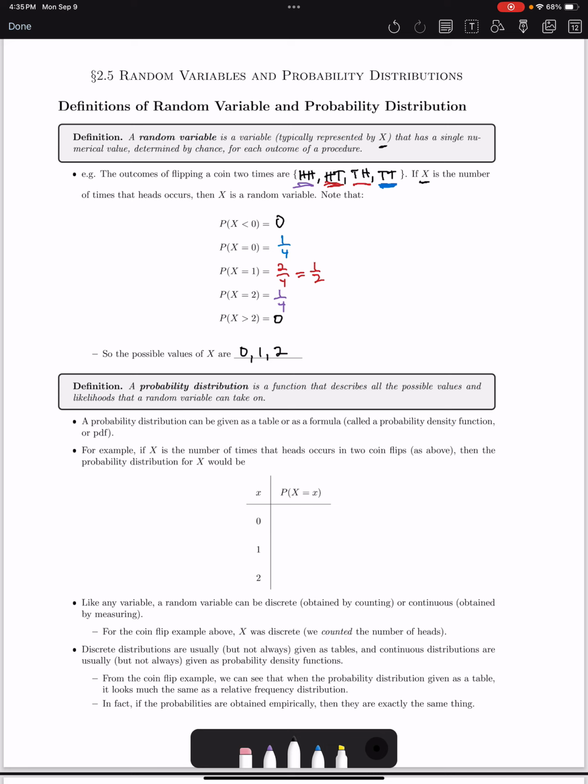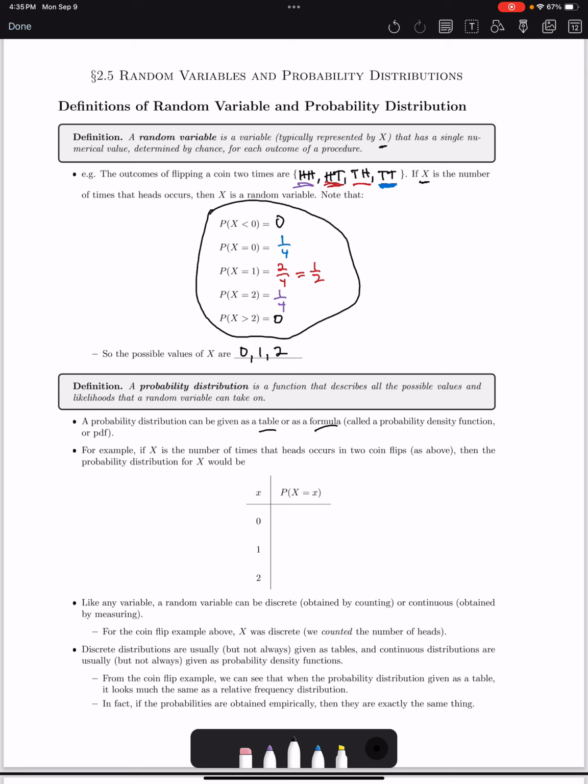A probability distribution is a function that describes all the possible values and likelihoods that a random variable can take on. So what we have right here is basically a probability distribution, okay? Probability distributions can be given either as a table or as a formula.